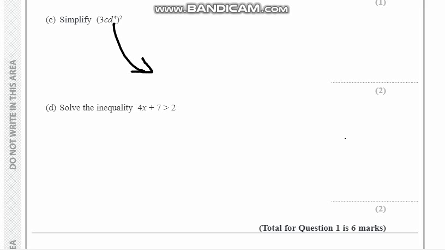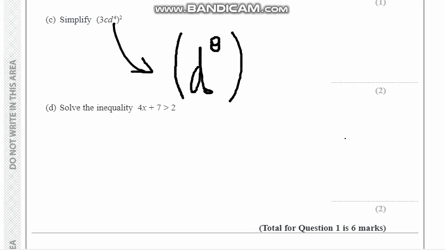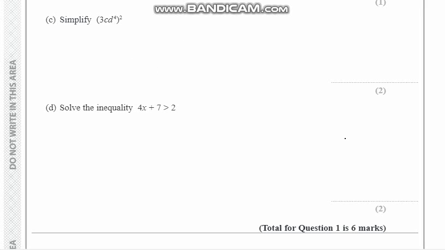When something like d is already raised to a power, here 4, and is then raised to the power 2, you multiply the powers: 4 multiplied by 2, and we end up with d to the power 8. Now we write it as a whole. So our answer will look like 9c squared d to the power 8.